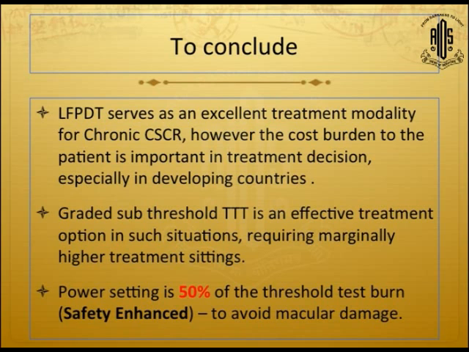The power setting we use is very safety enhanced, and it avoids the damage that usually happens with TTT, like macular burn and RPE atrophy, so we don't have any complications in our series till now.